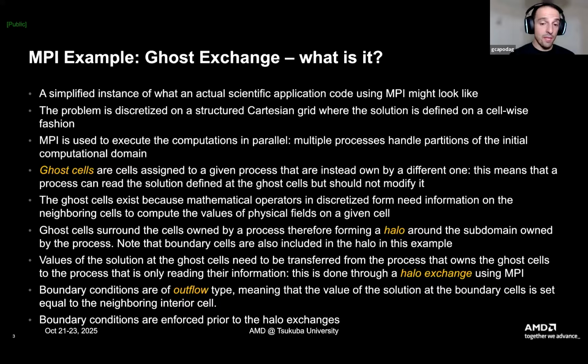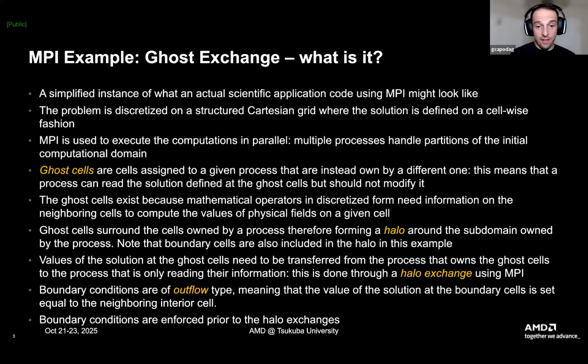But the immediate problem is that the solution at the ghost cell needs to be correct when we use it to advance the solution. And because it needs to come from a different process, we need to update it. Once it's been computed on the neighboring process, the information needs to be sent to the initial process that is going to use it to advance its solution. This procedure is called the halo exchange, or the ghost cell exchange.